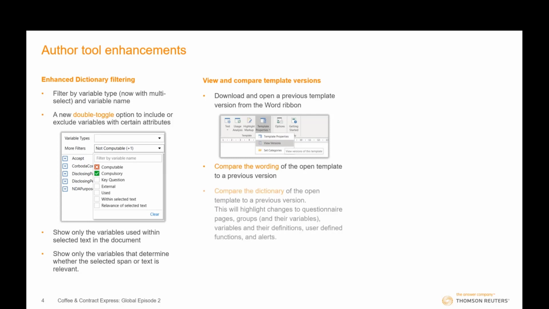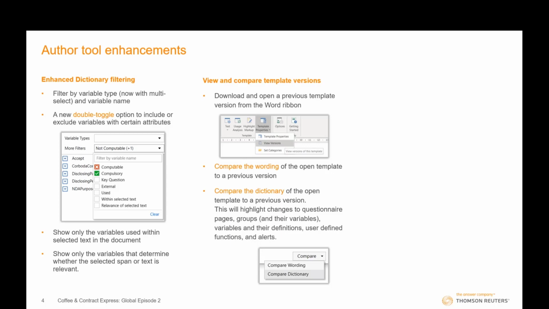The other one that I think will be quite useful is the ability to compare the dictionary. And so you can see it will again do that same comparison, showing any changes using the track tool in Word, but what it will give you is effectively the questionnaire structure. It will show if any of the variable names have changed, if there's a new variable that's been added, if any of the guidance within that has changed as well.